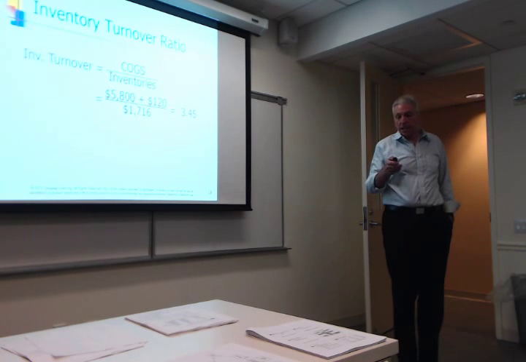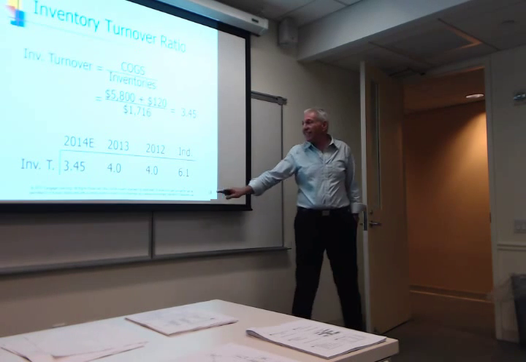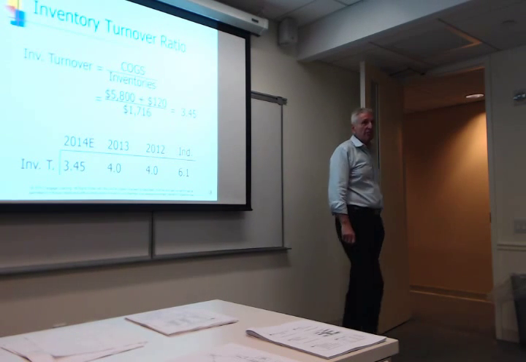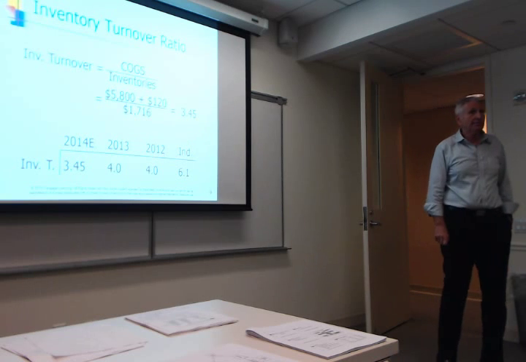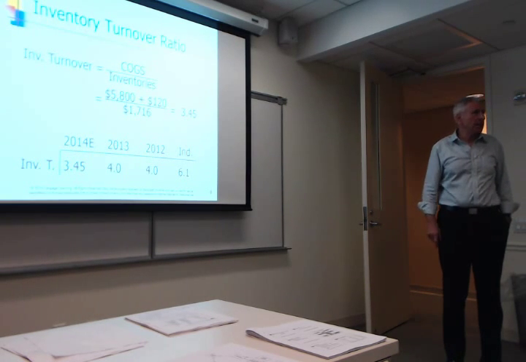So the key thing is, again, we have to look at the industry average. What this says is the industry average is 6.1. So our competitors have got a ratio of 6. We've got a ratio of only 3.5. What does that tell you?